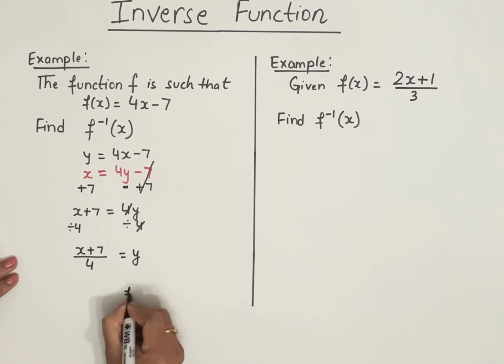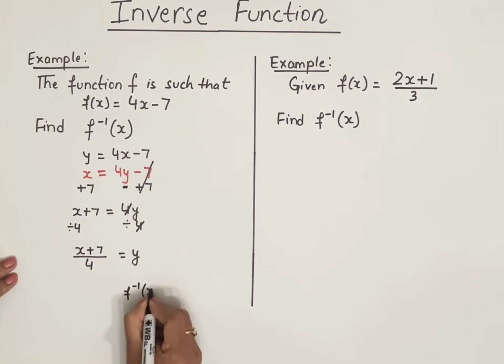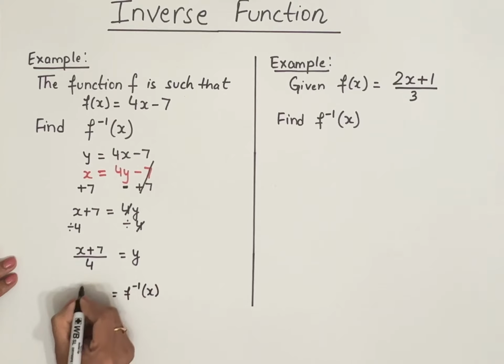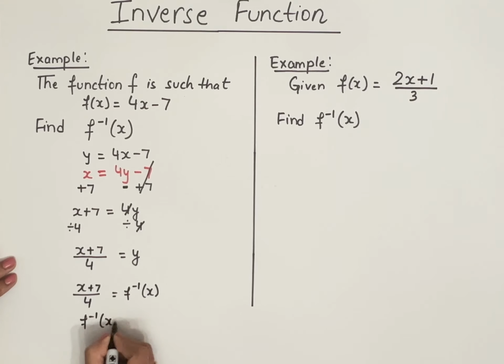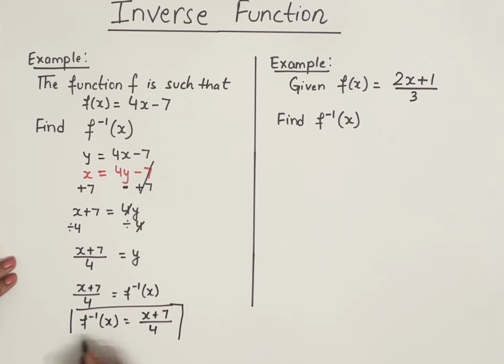So we can write down the inverse function f inverse equals (x plus 7) over 4. We can write it nicely like this: f inverse of x equals (x plus 7) over 4. And that is our answer.